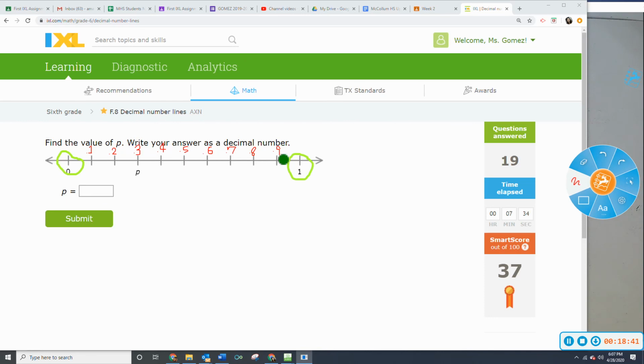And of course that means that this is 1.0, which looks very similar to 10. So it looks like 0, 1, 2, 3, 4, 5, 6, 7, 8, 9, 10.